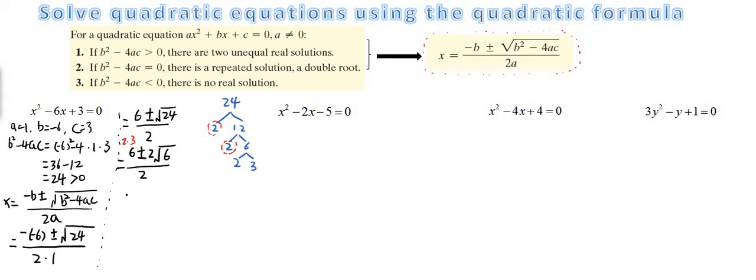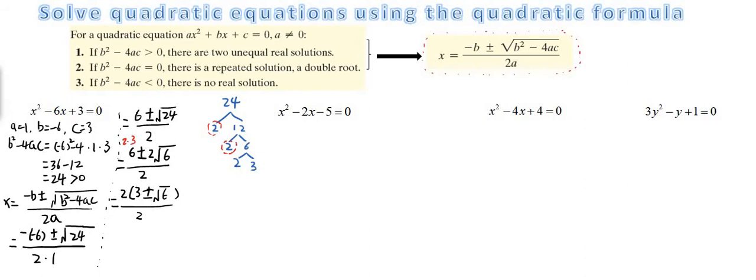If we factor out 2, the first term is 3, plus or minus, and the second term is going to be the square root of 6.